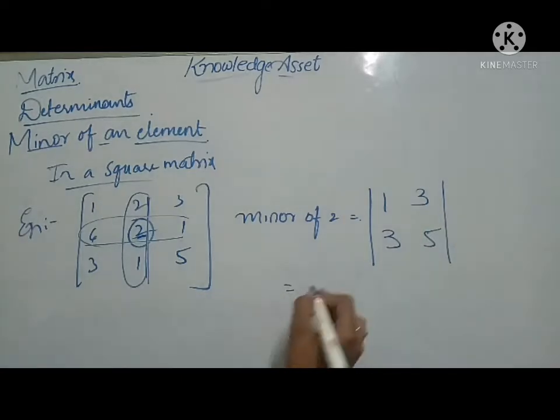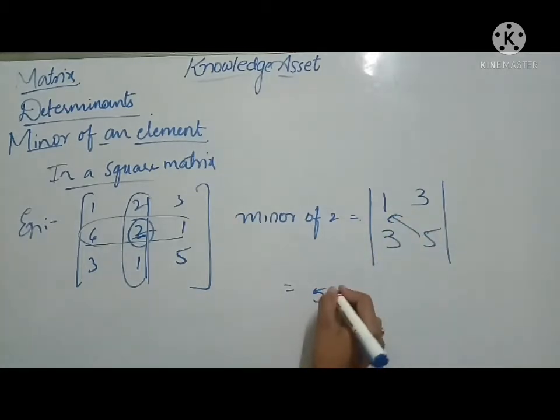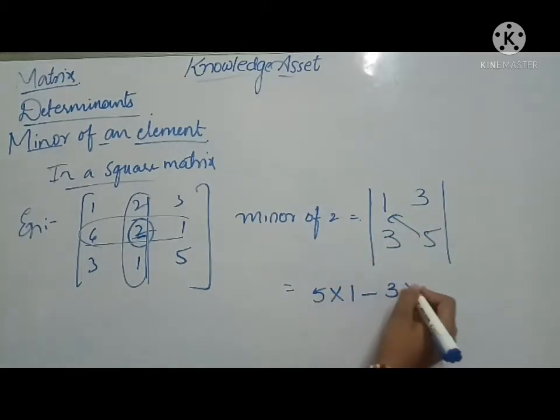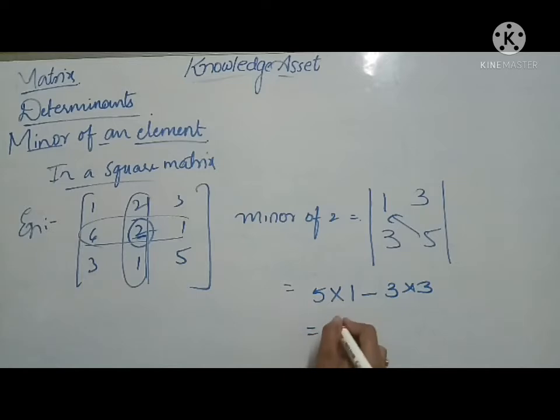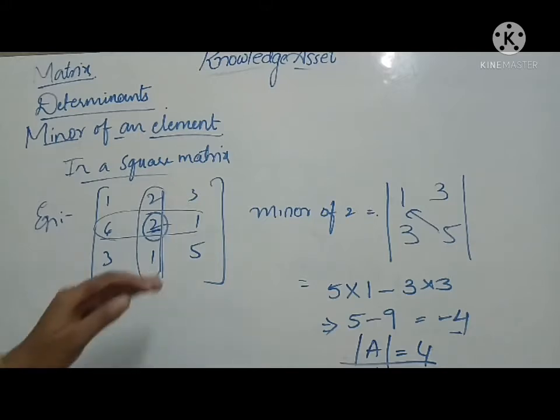We know how to find the determinant: AD minus BC. Hence 5 into 1 minus 3 into 3, that is 5 minus 9, which gives minus 4. This is the determinant of the matrix. Hence the minor is minus 4. This is how we find the minor of the element 2.